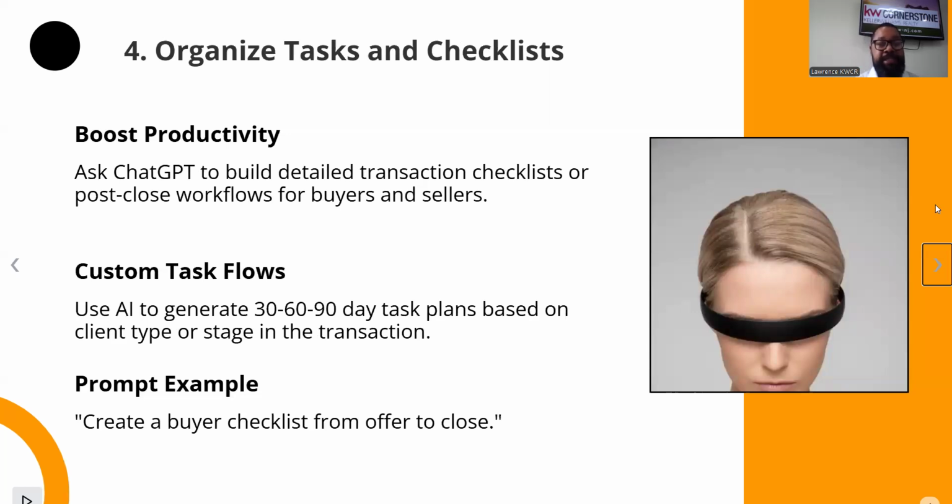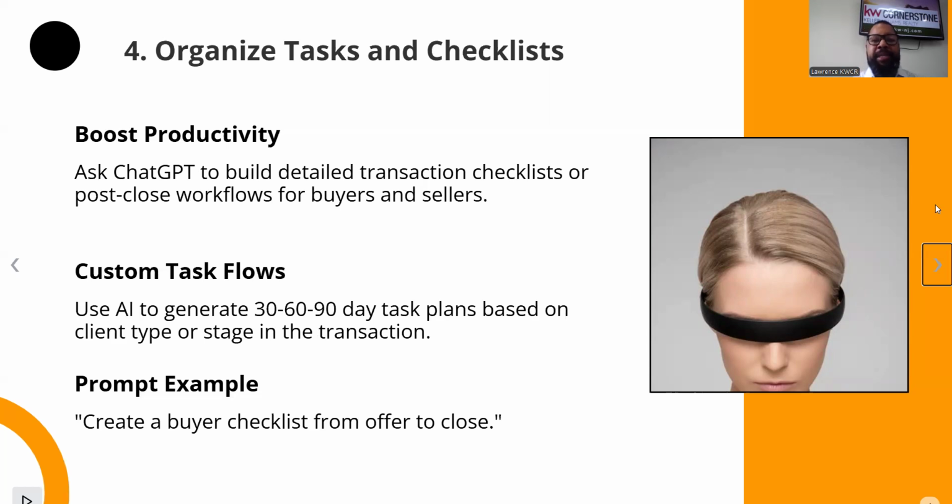So you can ask ChatGPT to build detailed transaction checklists or post-close workflows for buyers and sellers. So what that means is let's say you have a listing, right? And you want to follow that listing, which we already have in command, where you can follow it from scheduled appointment all the way to closing, okay?